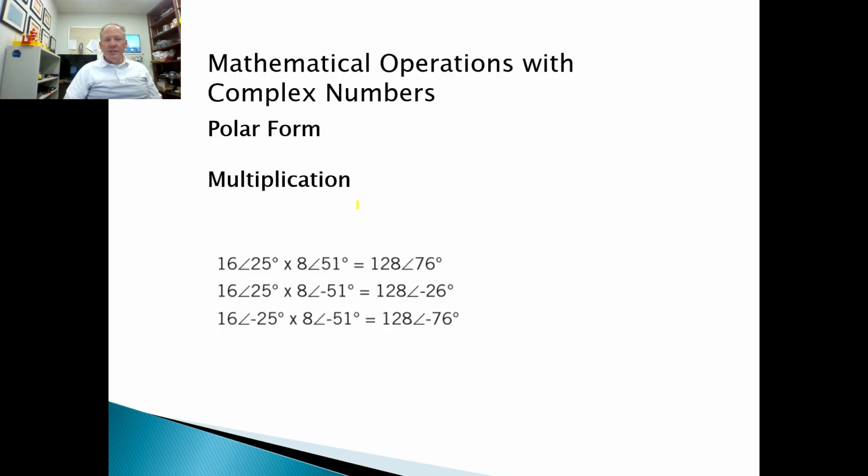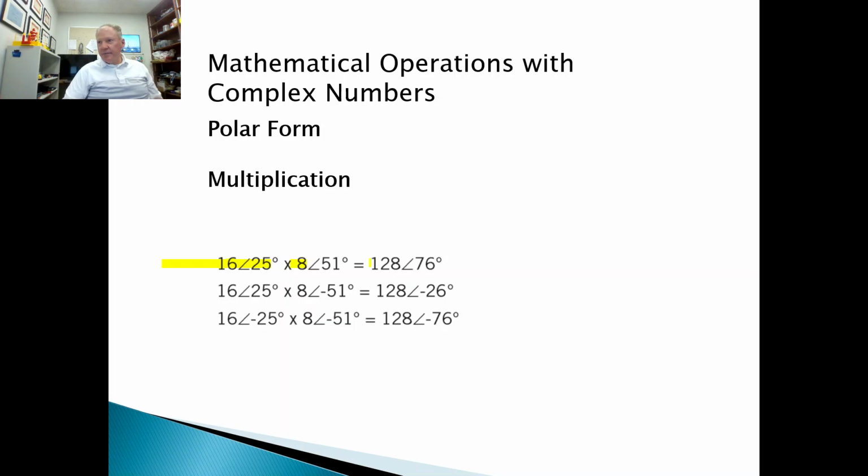So to do multiplication and division in polar, you just take 16 times 8, and in multiplication, you just add these angles together.